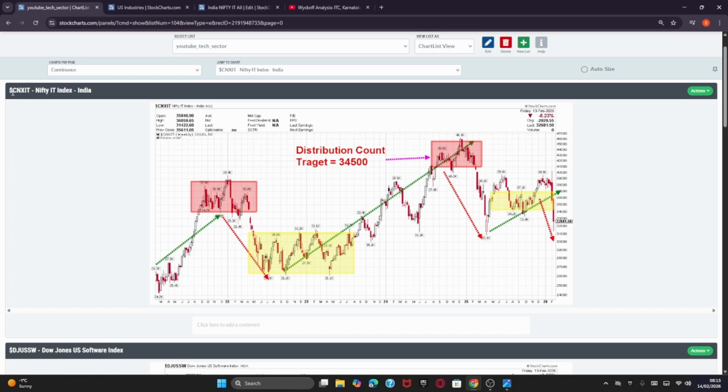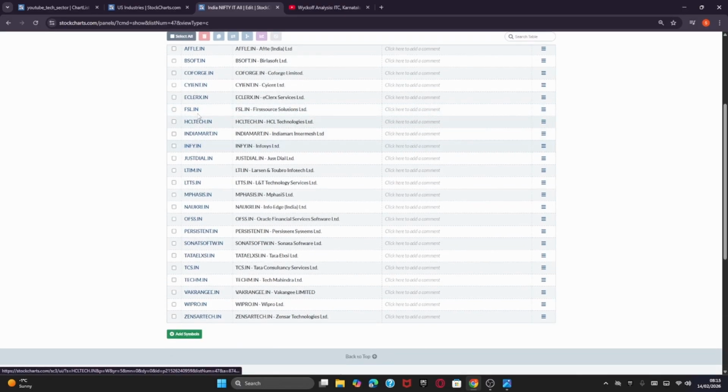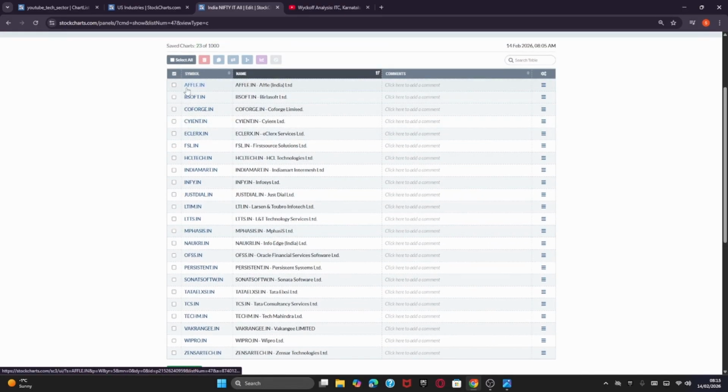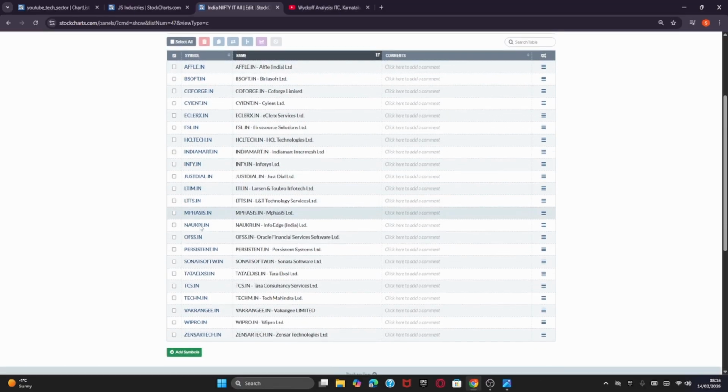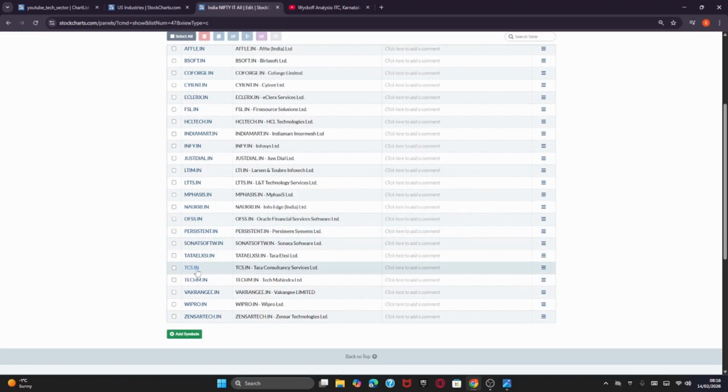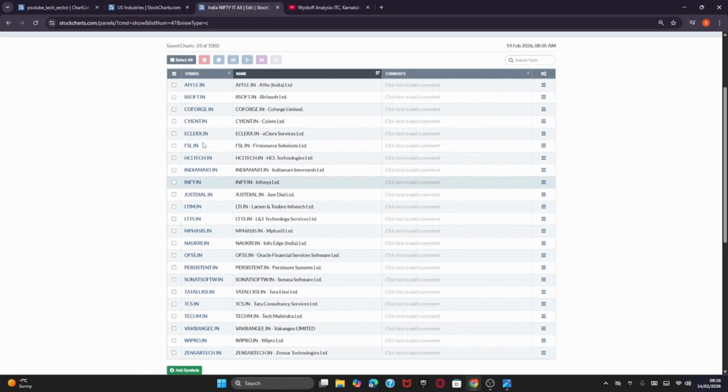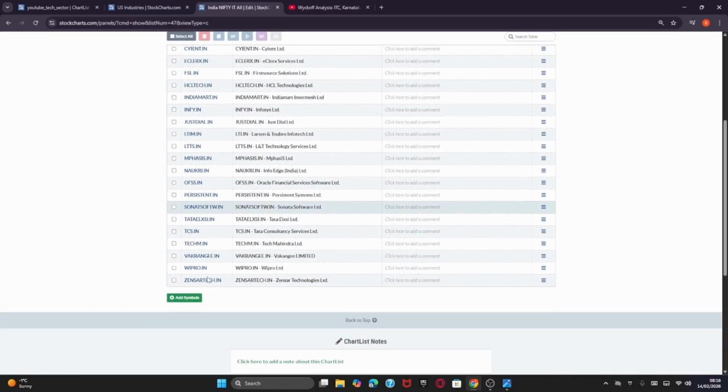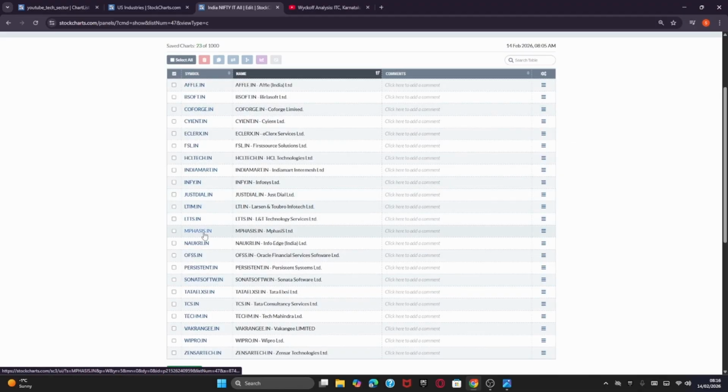If you want to know what this contains, let's look at this Indian IT list of companies that are part of the stock index. You can see all the famous IT companies like Infosys, L&T, TCS, Tech Mahindra, all part of this Nifty IT index.